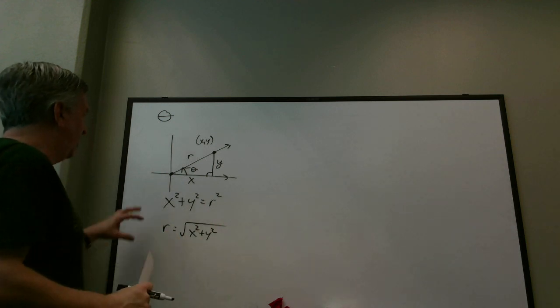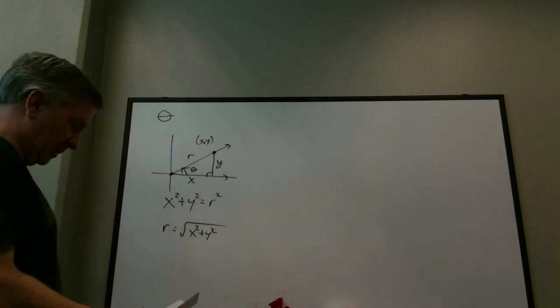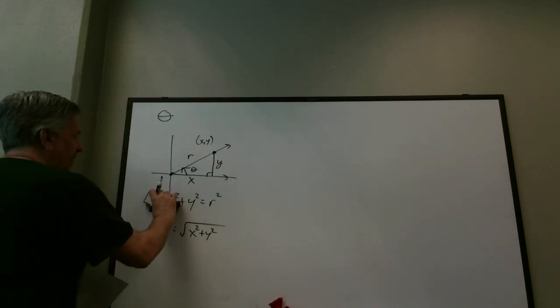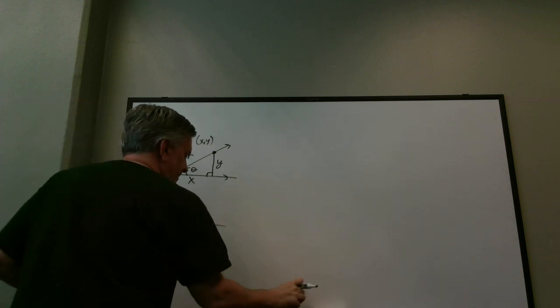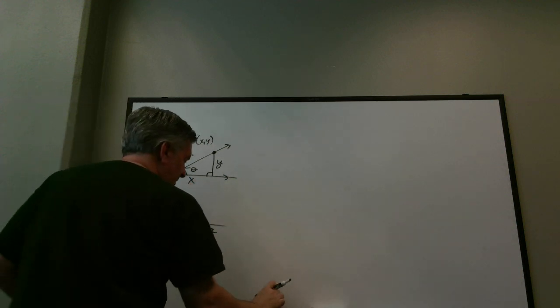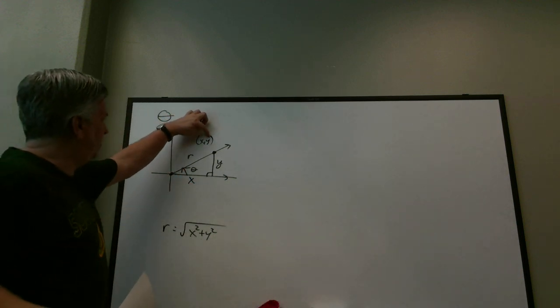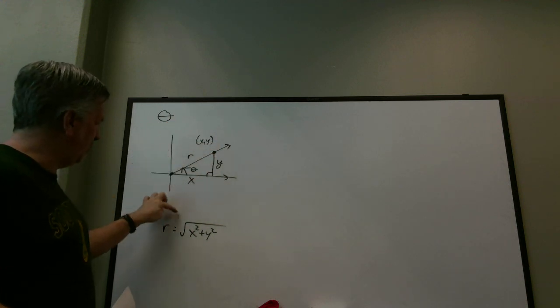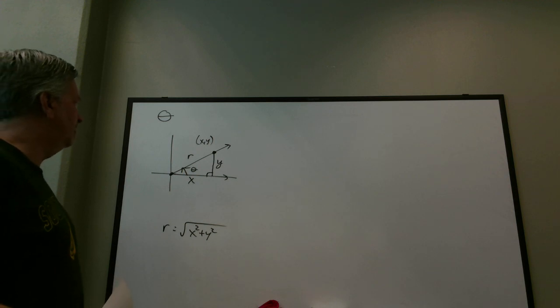Again, I took the positive square root because r is the distance. So there's the first two sentences, and there's our picture. I'm not going to erase that. If you have the point xy, you can plot the point, you know those values, and you get r from this formula. Easy.